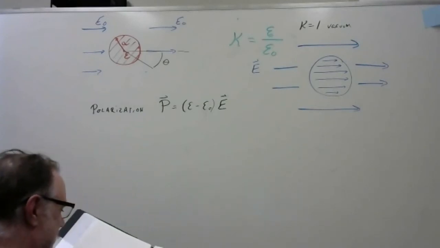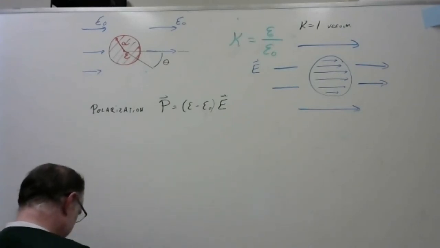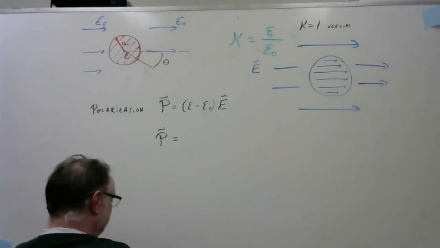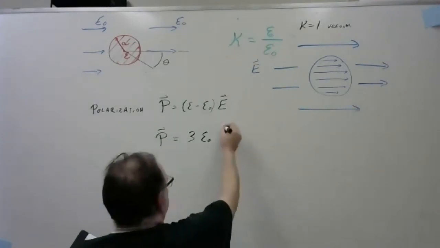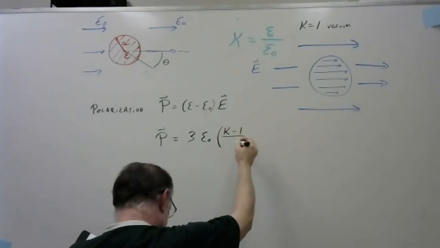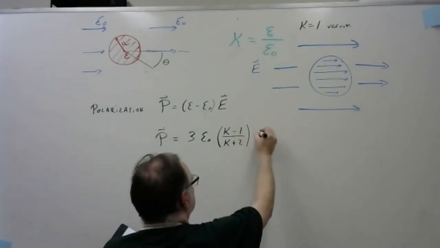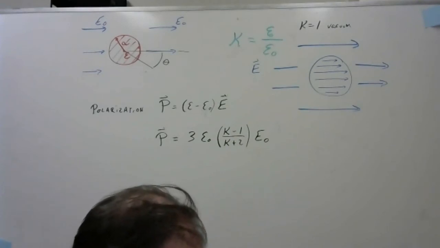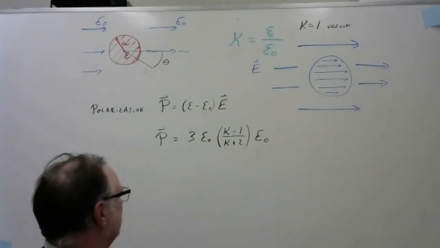I just multiply that by a factor of epsilon minus epsilon naught, and I get that the polarization capital P is equal to 3 epsilon naught multiplied by kappa minus 1 divided by kappa plus 2, times P naught. And that is in the Z direction.